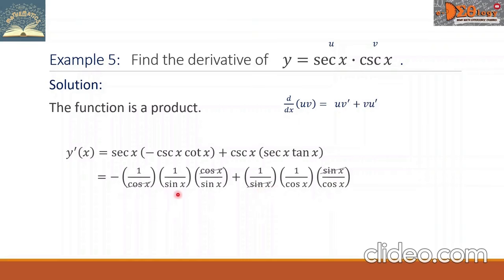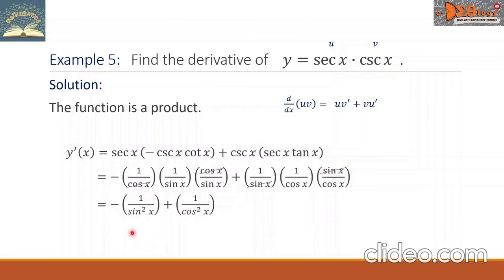And then we can simplify by multiplying corresponding values. In the first group, we have 1 over the product sine x times sine x. So for the first group, we have the negative of 1 over sine square x, plus the second group, that is 1 over cosine x times cosine x, and that will be cosine square x.